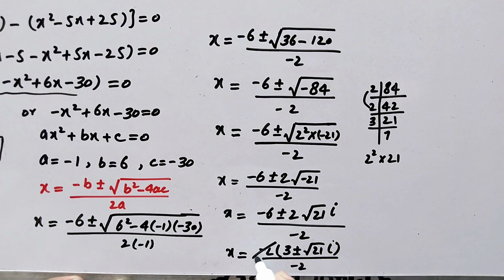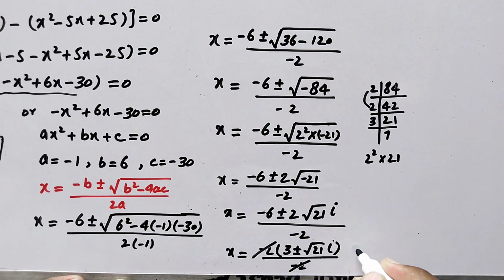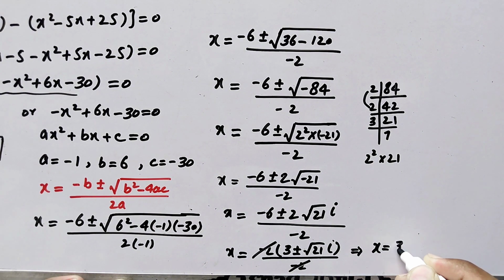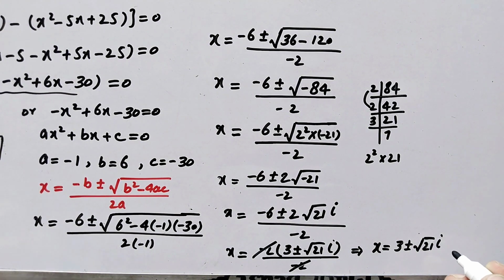Now this minus 2 will be cancelled by this minus 2, and here we are getting x equal to 3 plus or minus root of 21 times i.